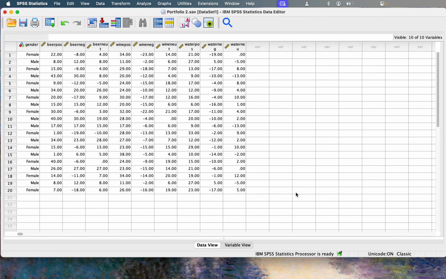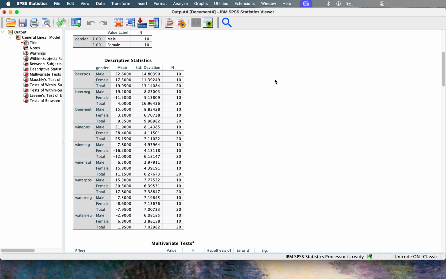I'm gonna run through this really fast. We have our little tables here and our descriptive statistics. Basically, our descriptive statistics is important because it's telling us that ratings of positive imagery are significantly enhanced across all beverages. So wine received the highest ratings.